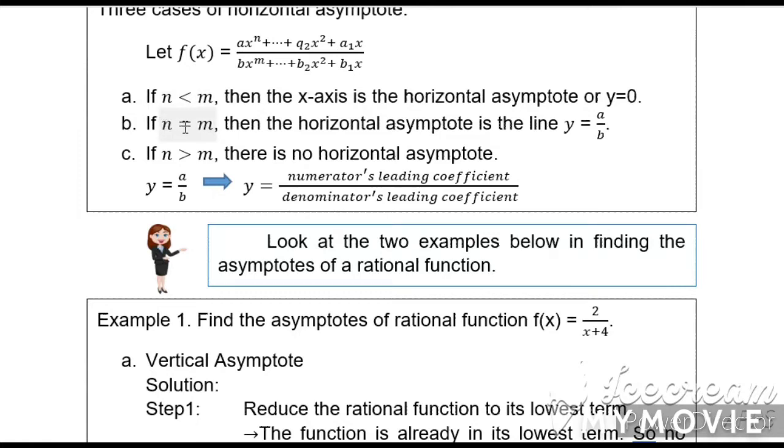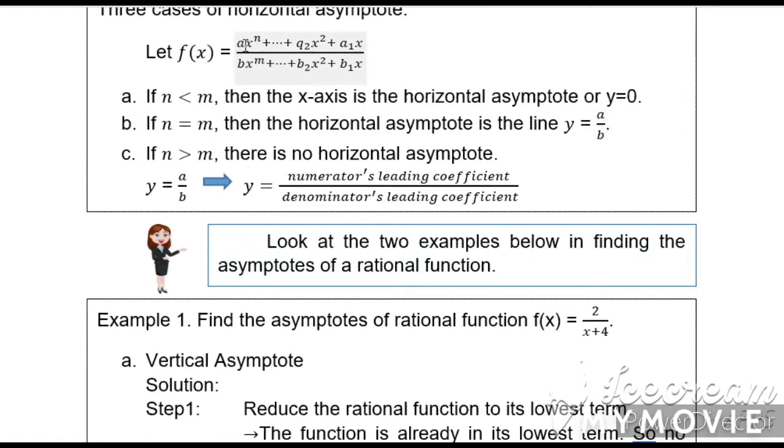If n equals m for the second case, the highest exponents of both numerator and denominator are equal, then the horizontal asymptote is the line y equals a over b. So you just copy the numerical coefficient a over b.